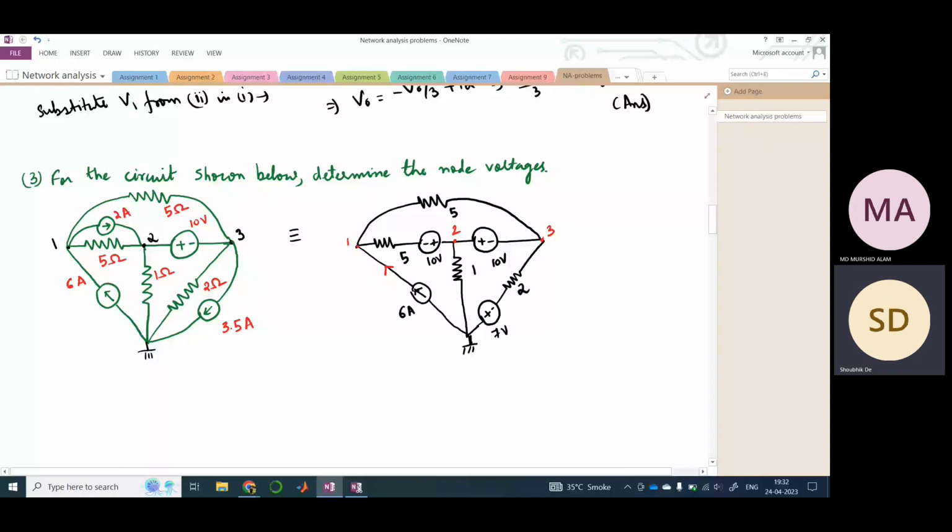Let us say this current is I1, this is I2, this is I3, and again let this be divided into I4 and I5, and finally this into I6. Let us follow this convention and proceed.